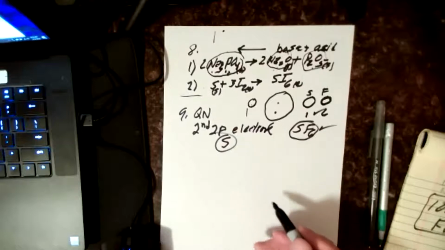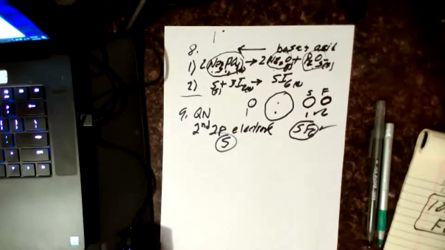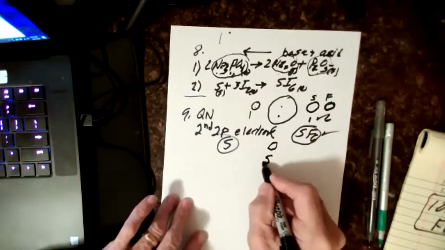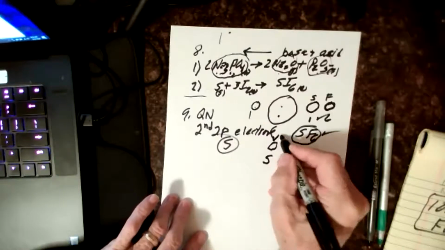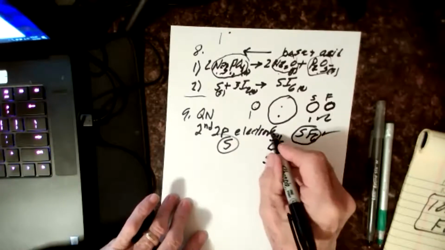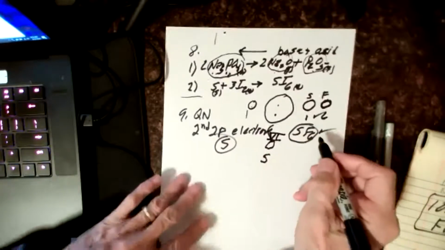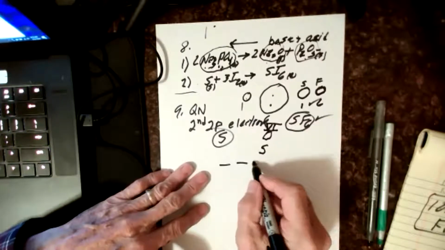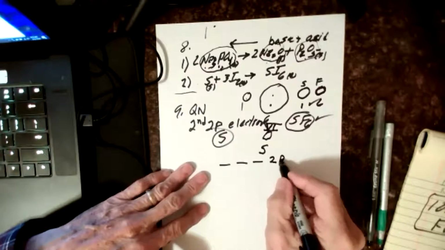Now, sulfur is an element right under oxygen. So on the periodic chart, we've got oxygen and sulfur in group 6. So we're going across the 2p level.